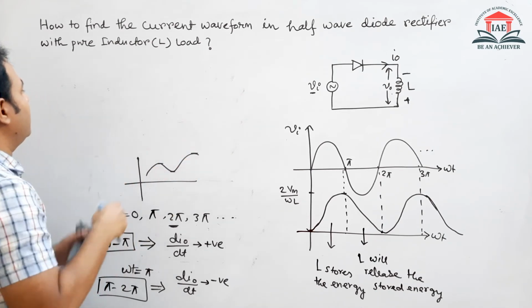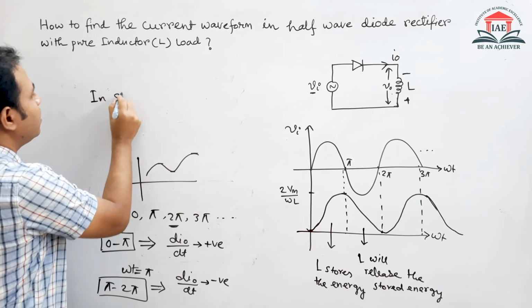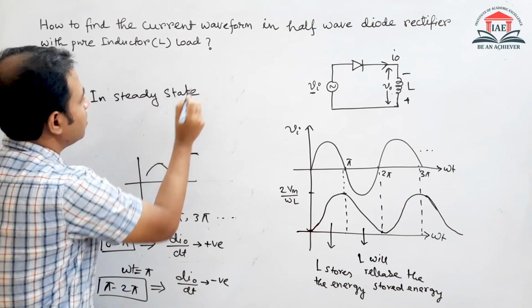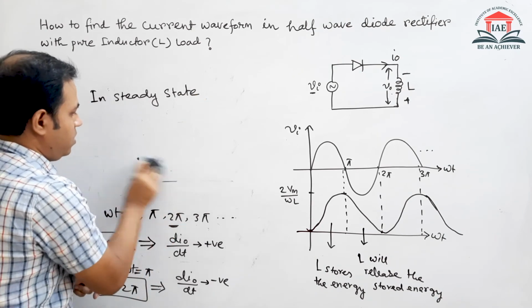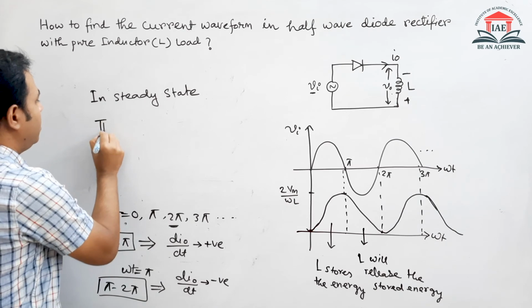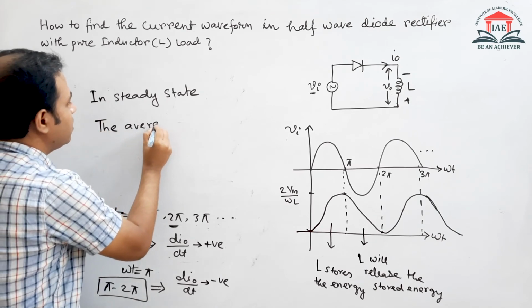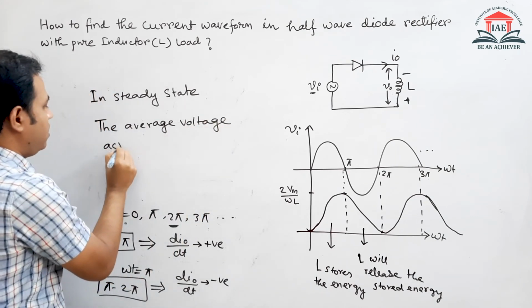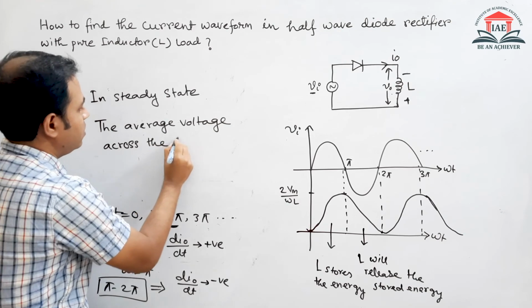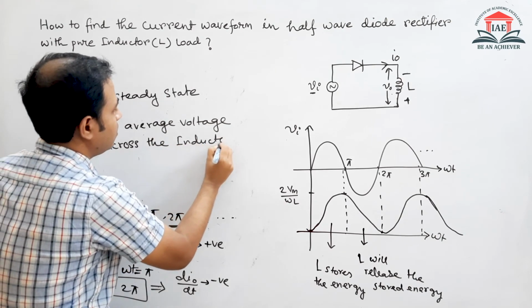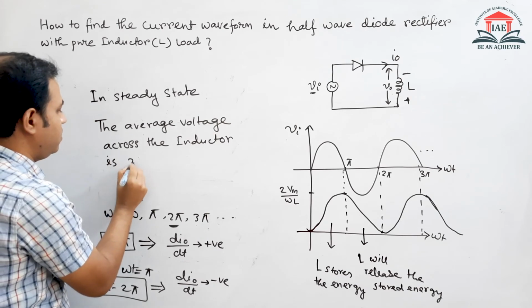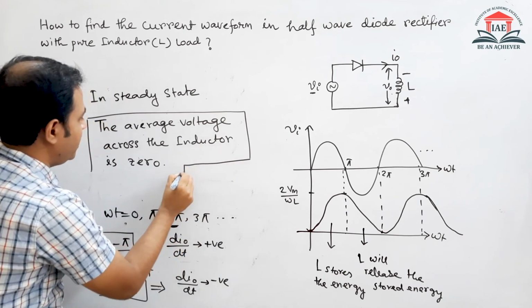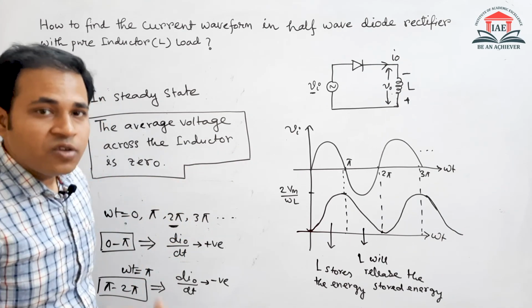That is, in steady state, the average voltage across the inductor is 0. So this is very, very important, and based on this statement we can solve many numericals easily.